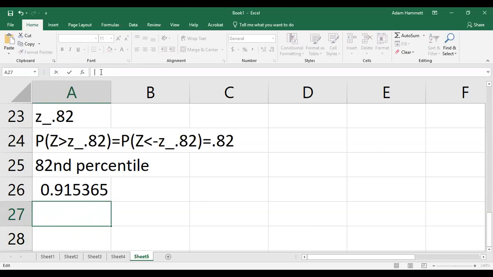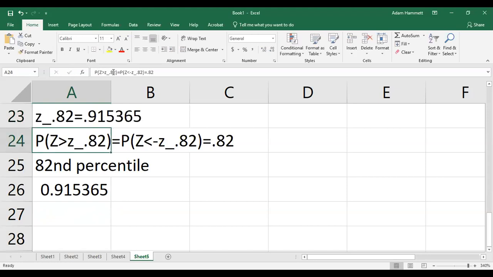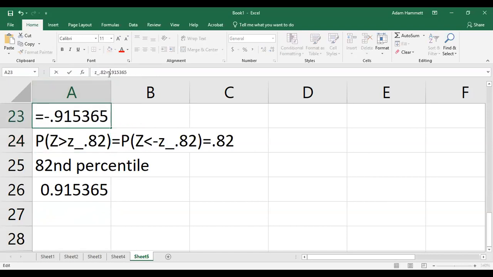So what is z sub 0.82? It is 0.915365. Or actually, it's the negative of that.